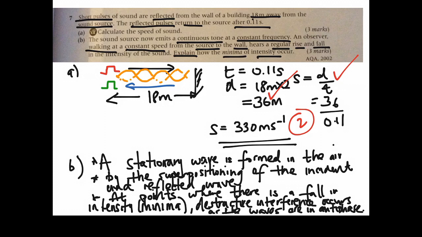The next part, you have to mention the fact that a stationary wave is formed. First mark. It's formed by the superposition of the incident and reflected sound wave. Second mark. At the points where there is a fall in intensity, meaning the minima, destructive interference occurs as the waves are in antiphase. Okay, and those are the model answers, folks.